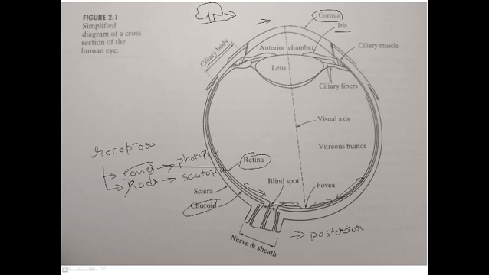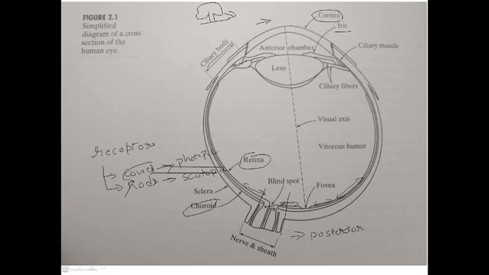Next, this is the center which is called the fovea. From here to here, there will be receptors available. Again, there is a gap over here where the nerves enter into your eye to provide nutrition to the eye.